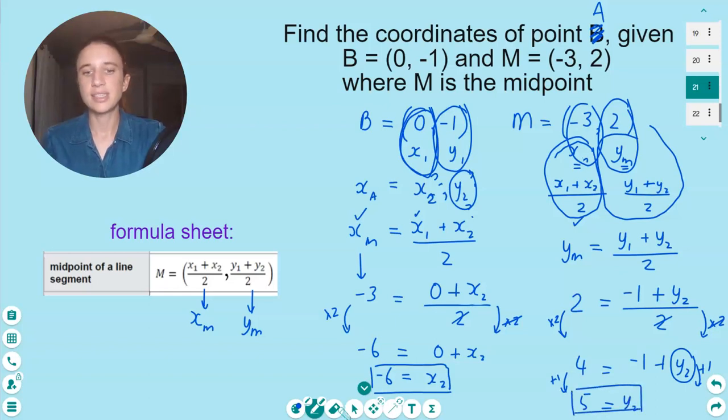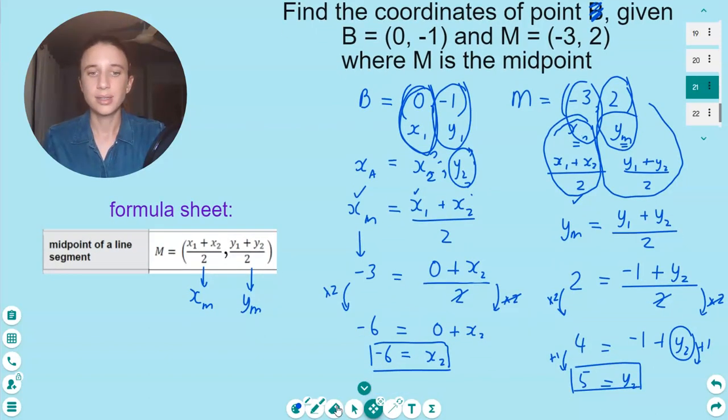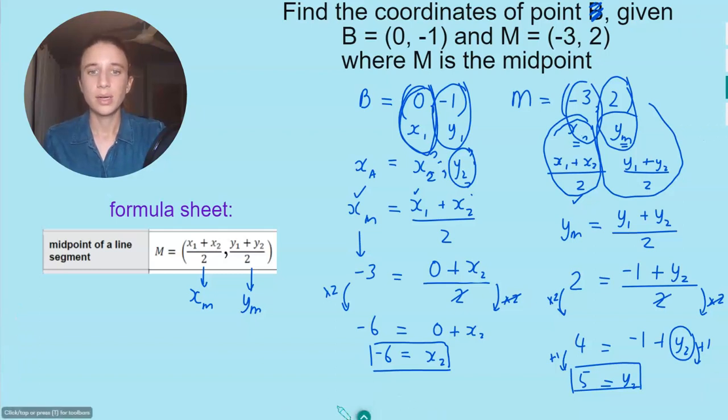So then just make a statement at the end. The coordinates of point A are x, y, right? The x is -6. The y is 5.